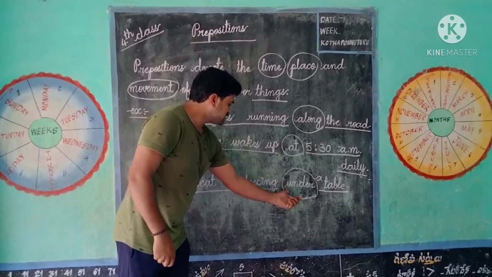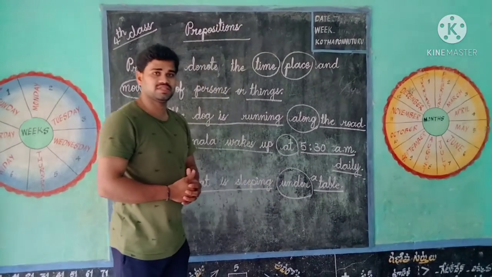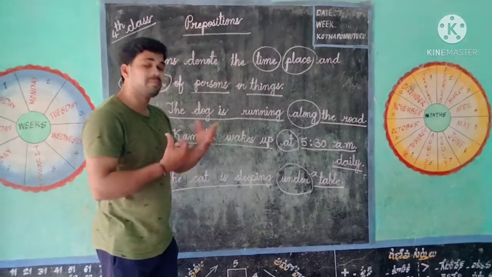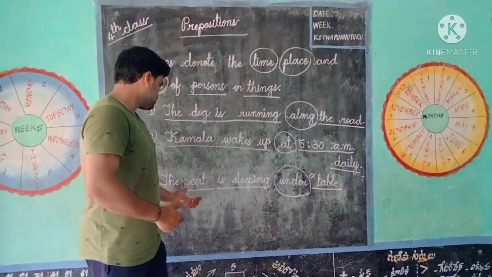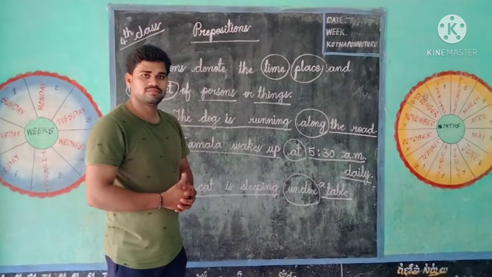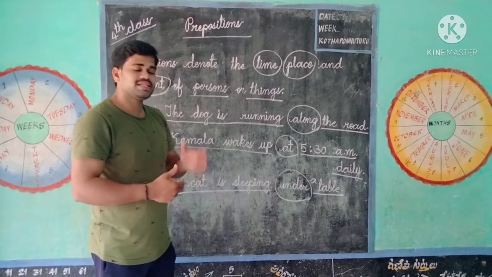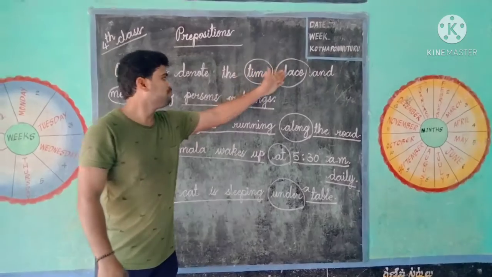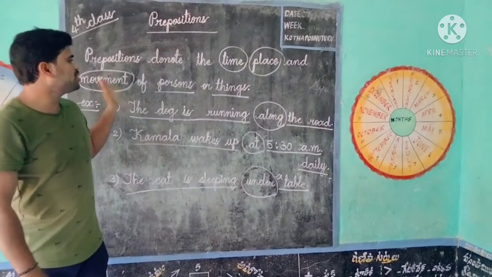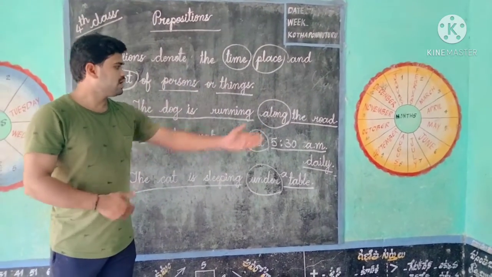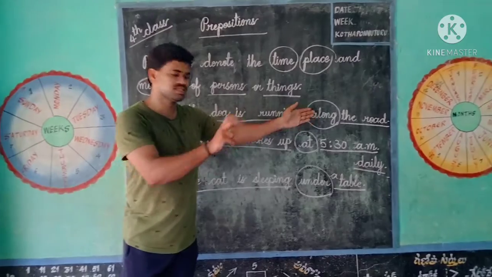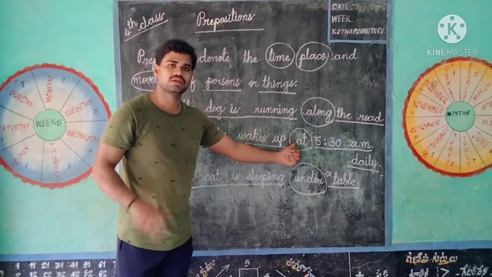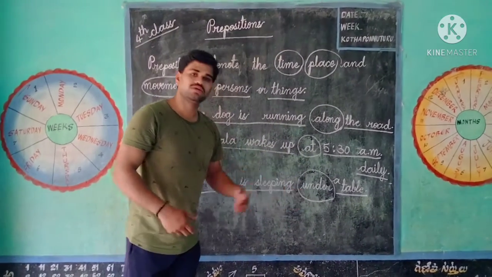In the third sentence, the preposition under tells about the place where the cat is sleeping. That's why prepositions denote the time, place, and also movement of persons or things. Along denotes movement. At denotes time and under denotes place.